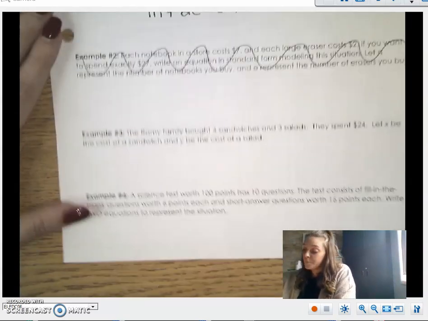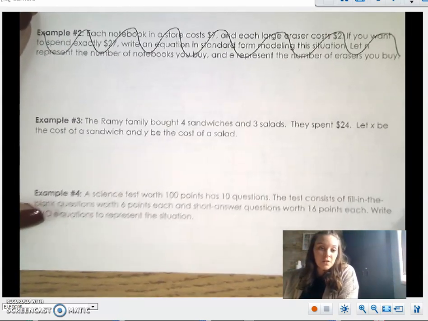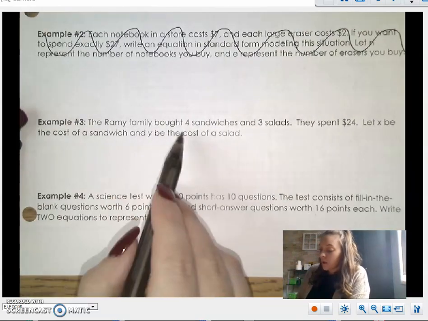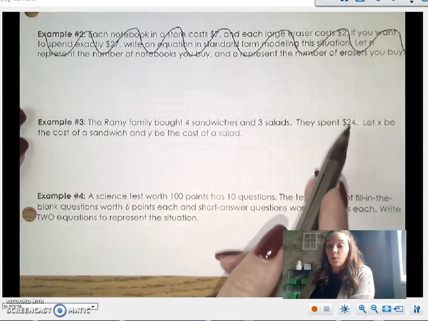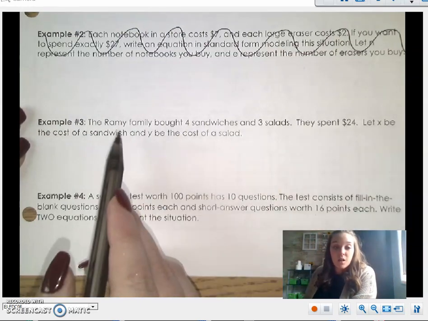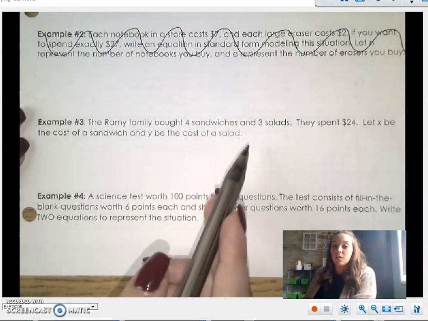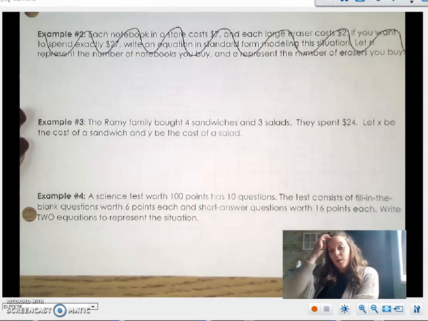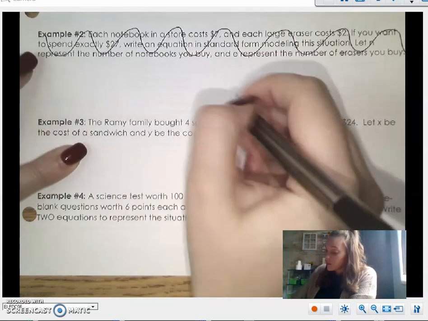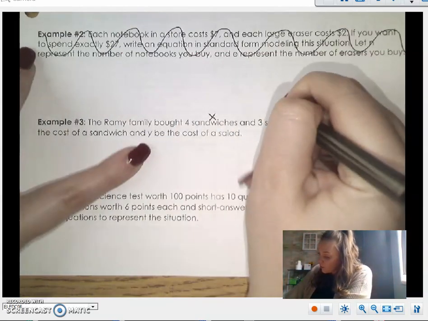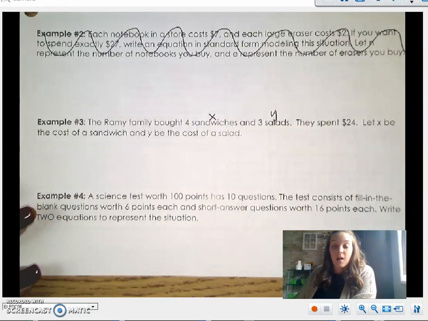You're welcome. All right, example number 3 says the Ramy family bought 4 sandwiches and 3 salads. They spent $24. Let x be the cost of a sandwich and y be the cost of a salad. So they bought 4 sandwiches and 3 salads. It says x is sandwiches and y is salads.